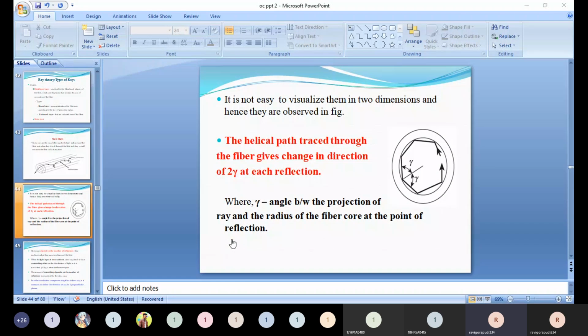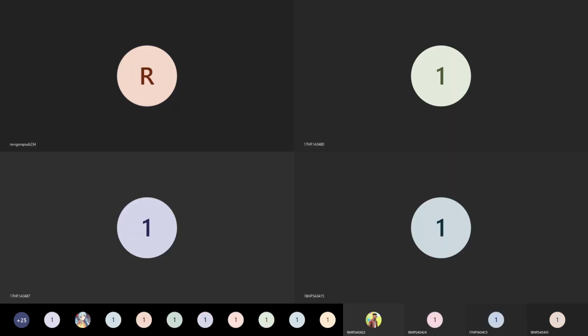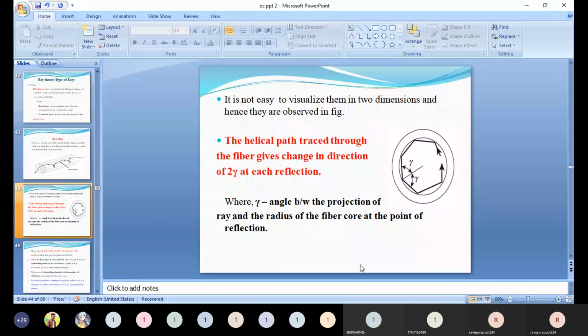Still, some of them are joining. What is this? How it is?